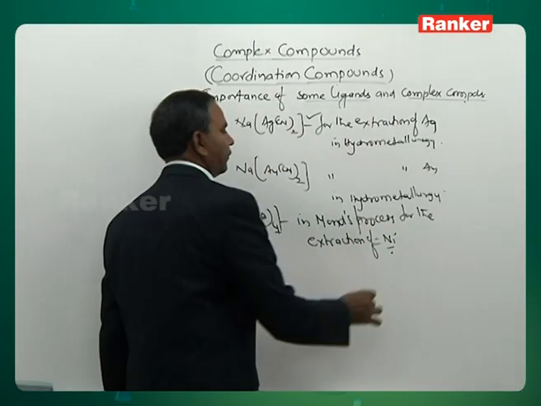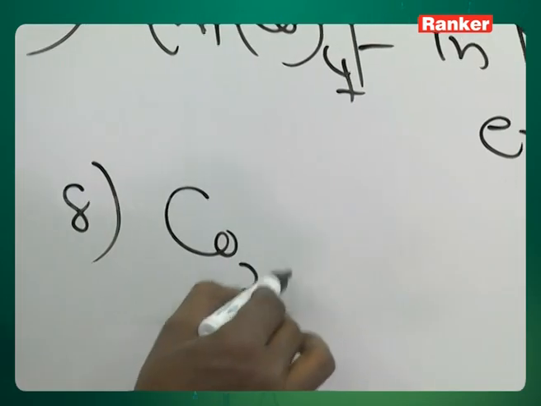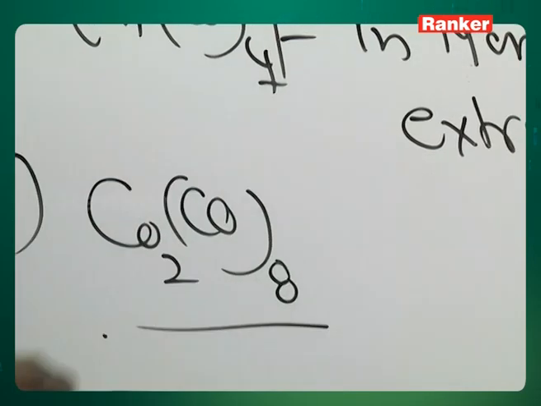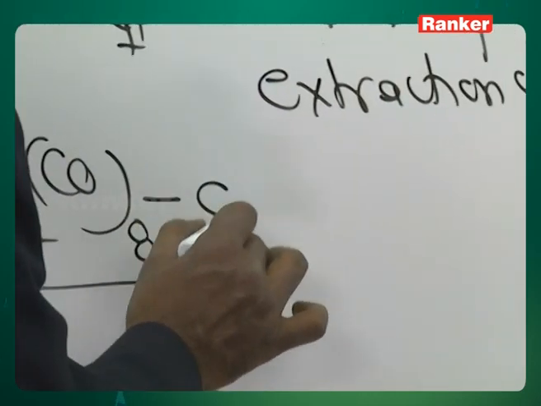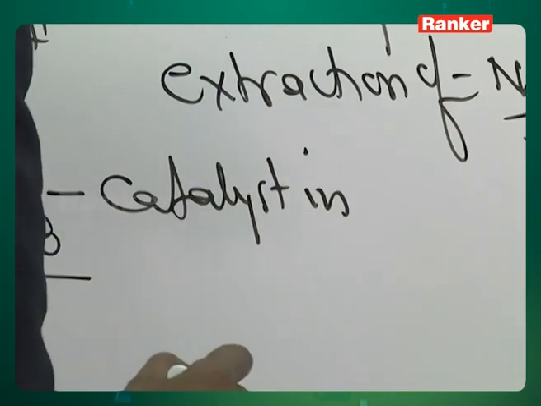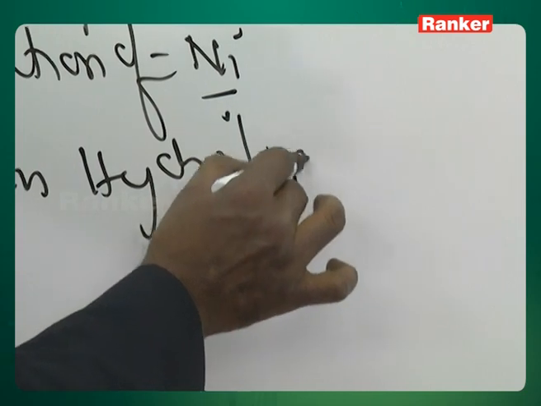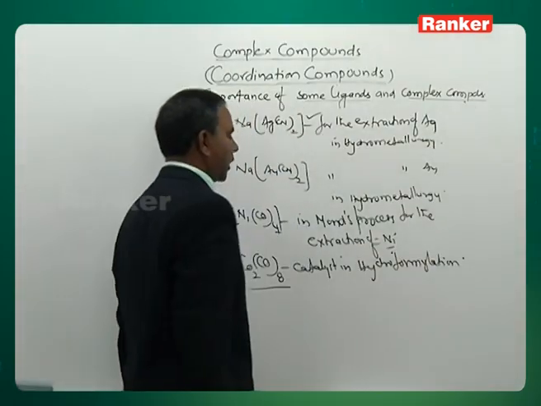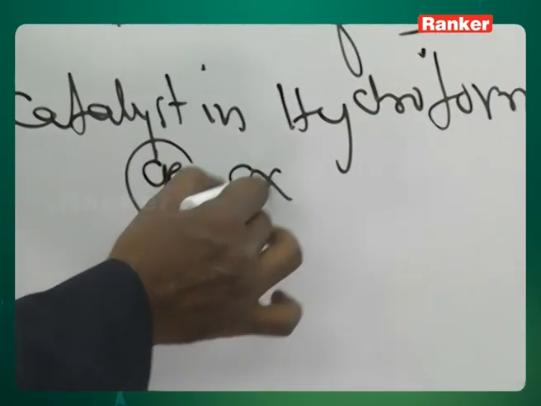Next, the cobalt complex dicobalt octacarbonyl acts as a catalyst in hydroformylation or the oxo process.